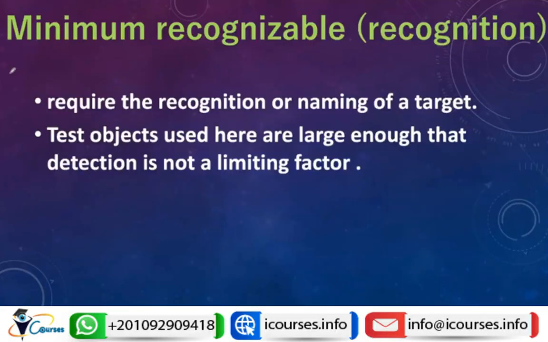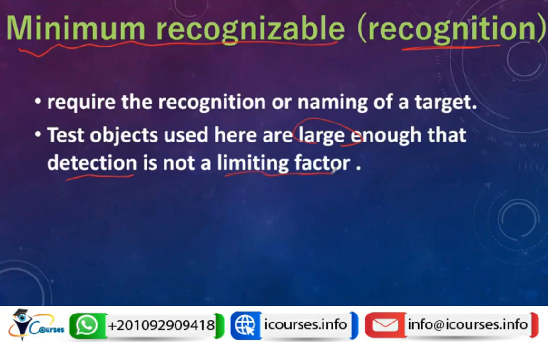There is another visual acuity test. It depends on the minimum recognizable. In this condition, we do not ask the patient to locate where the gap is, but we ask the patient to name the target. They are usually letters or numbers, and they are large enough so that detection is not the limiting factor.